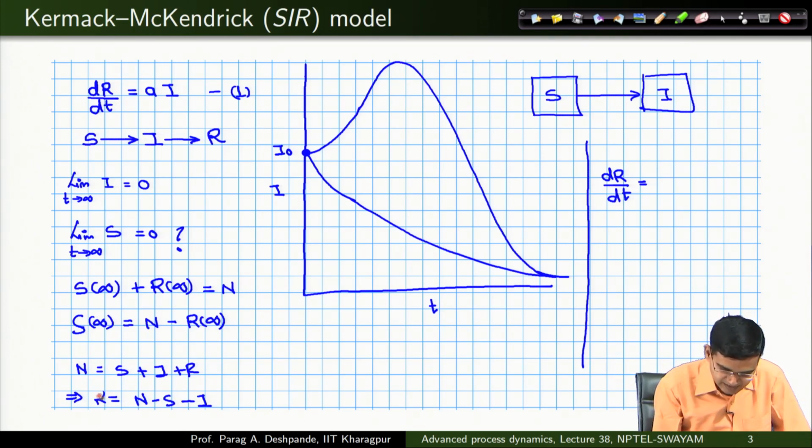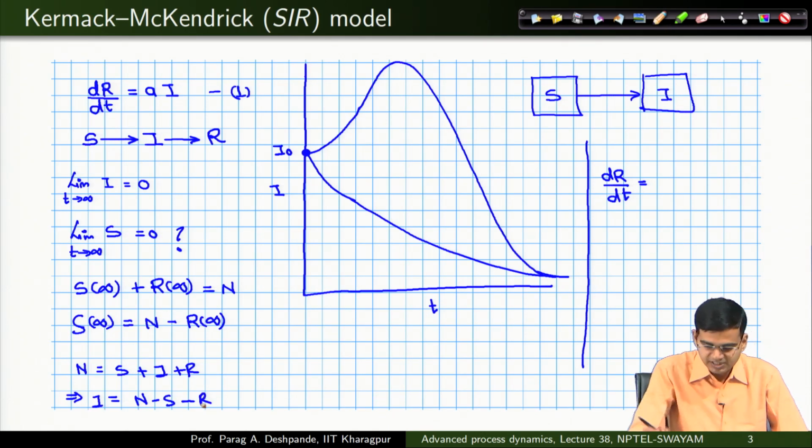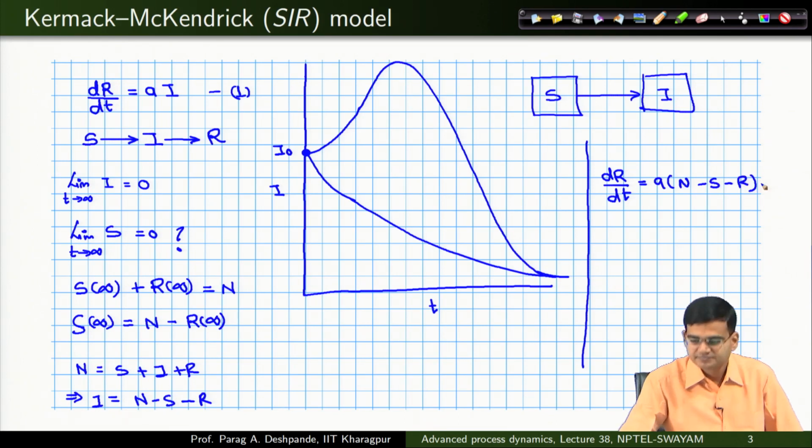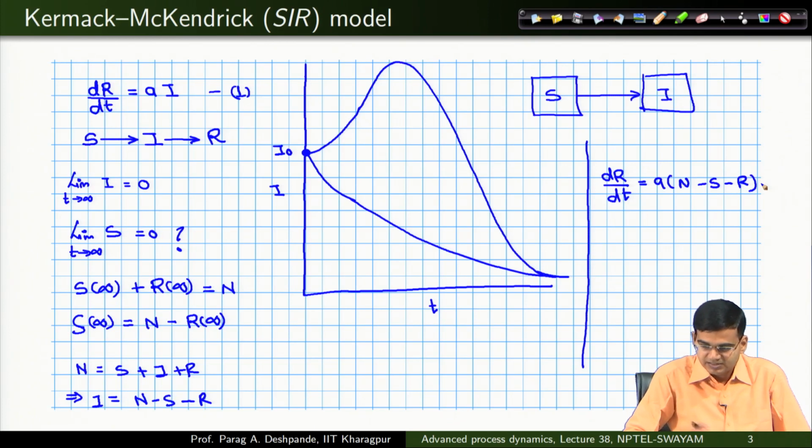I can write this as I and this as R. So, this is I, this is R, right. So, dR by dt is equal to A times n minus S minus R, right.